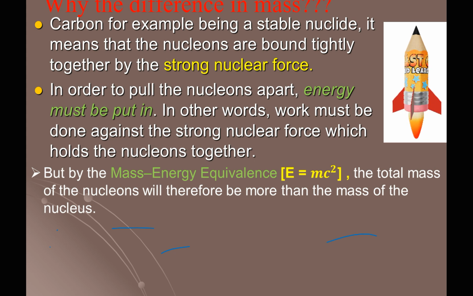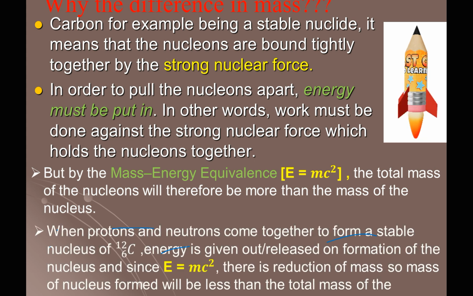So that means the total mass of the nucleons, where energy has been put in to separate them, results in the excess mass we are talking about in this case. So when protons and neutrons come together to form a stable nucleus, that is a stable carbon-12 nucleus, energy is given out or released on formation of the nucleus, and since E equals mc squared, there is a reduction of mass.